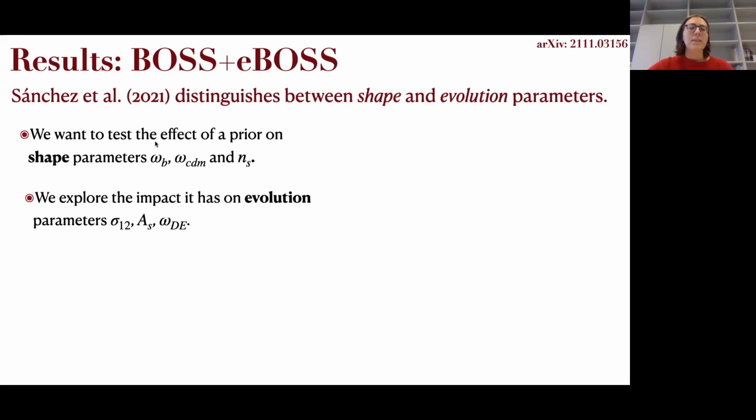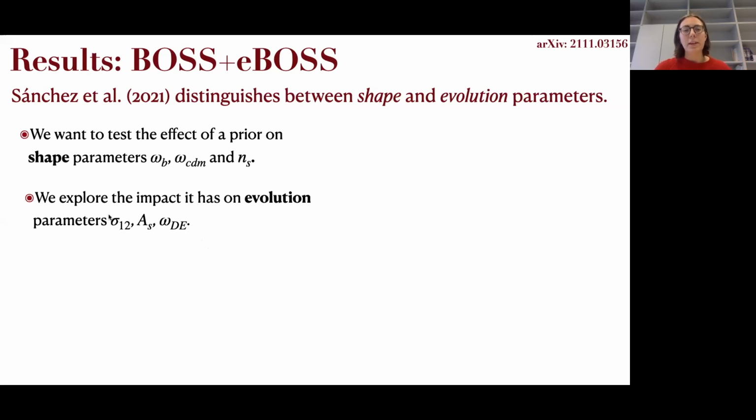Shape parameters are such as the physical baryon density, cold dark matter density, or n_s, whereas evolution parameters are like sigma_12, A_s, or dark energy density. A nice property here is that for fixed values of shape parameters, any combination of evolution parameters that lead to the same sigma_12 will result in an identical power spectrum. That is exactly true for the linear power spectrum and very close to true for the nonlinear case.